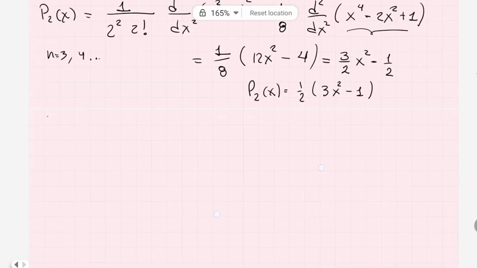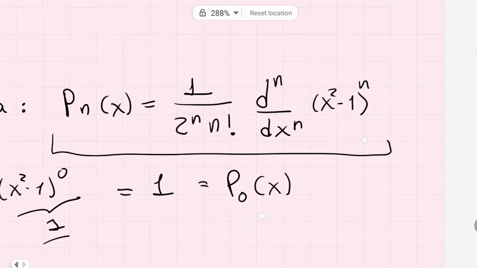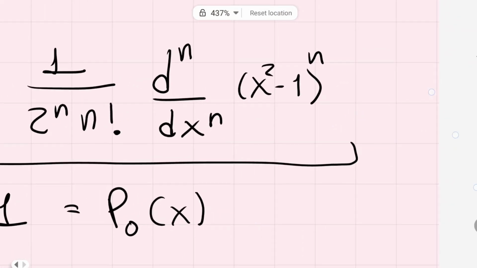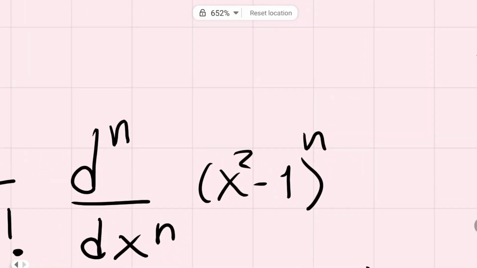Another thing that is very interesting about Legendre polynomials is that, look here, we have a sum of two terms raised to the n power, x squared plus minus 1. We know that there is a very famous formula for a sum that is raised to a power, known as the binomial formula from Newton.